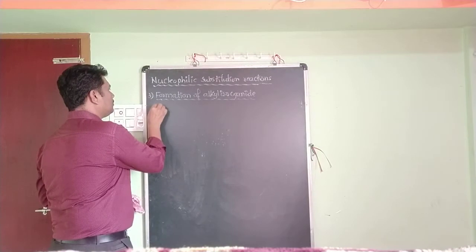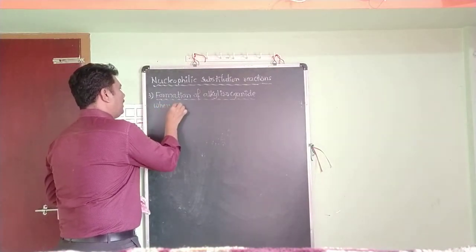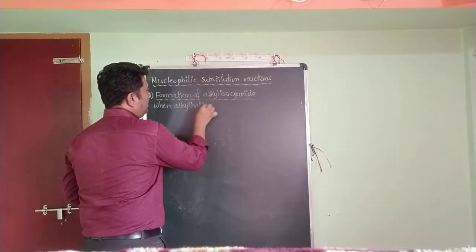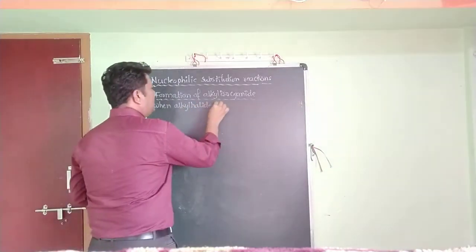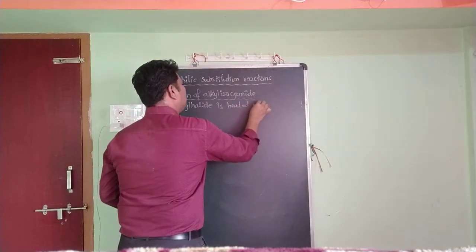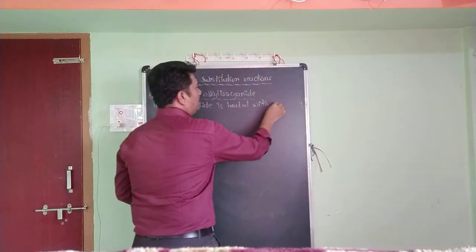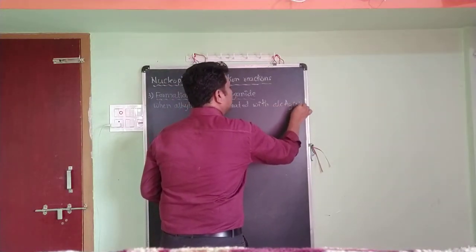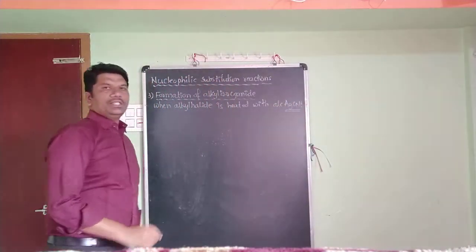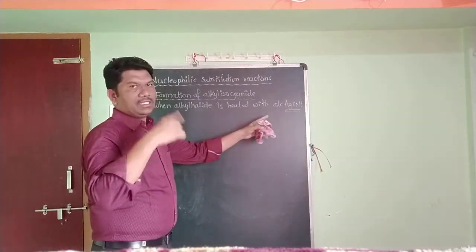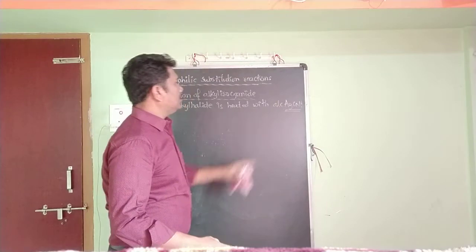See, again the same, when alkyl halide is heated with alcoholic silver cyanide. In that reaction we had taken potassium cyanide; here it is silver cyanide.